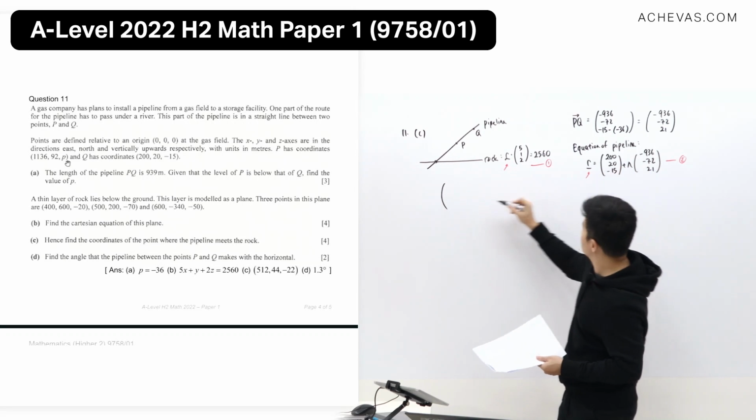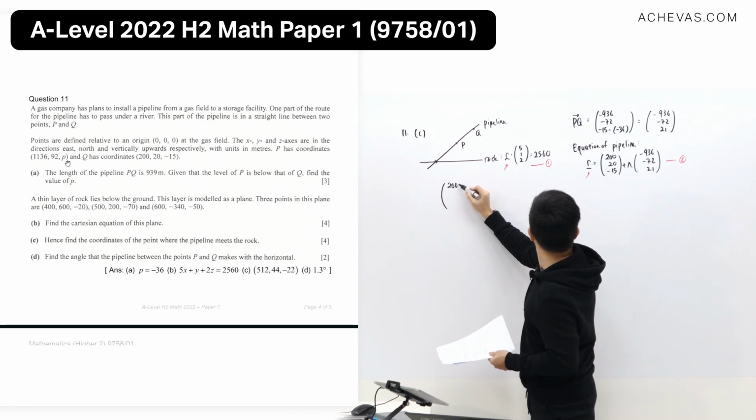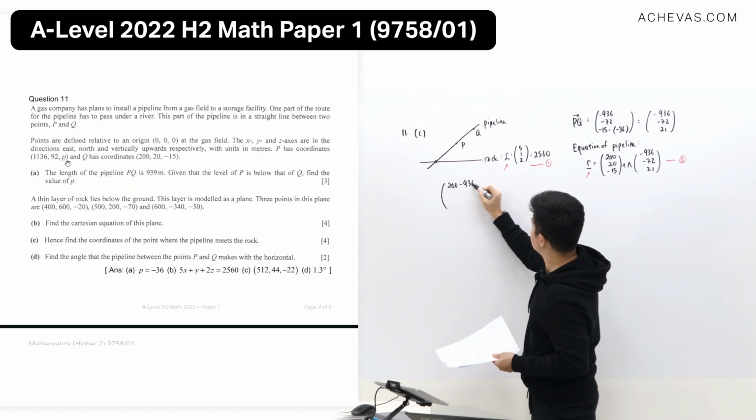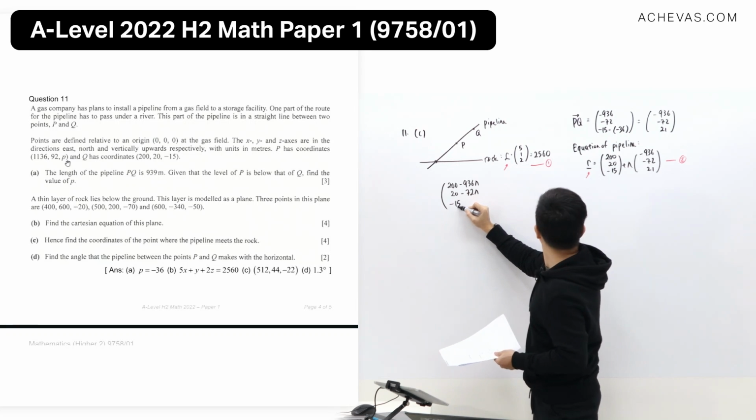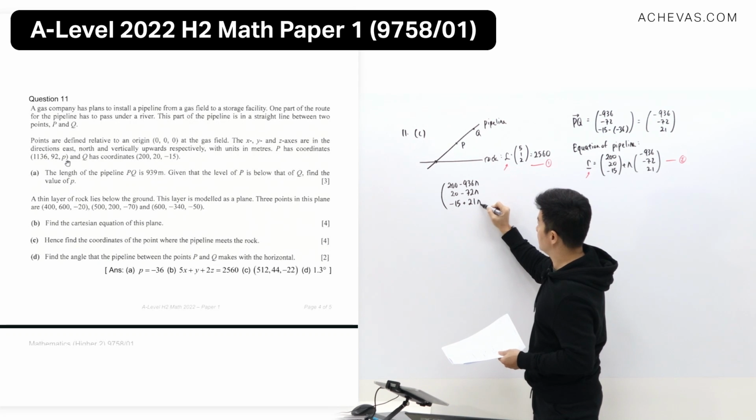So this is going to be (200 - 936 lambda, 20 - 72 lambda, -15 + 21 lambda).